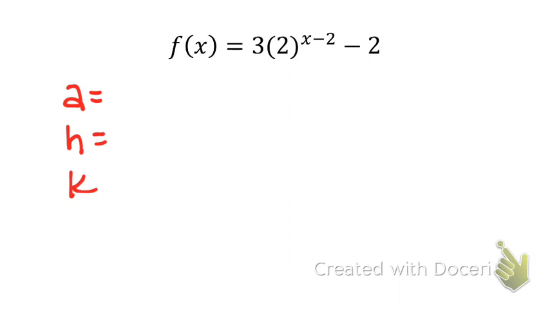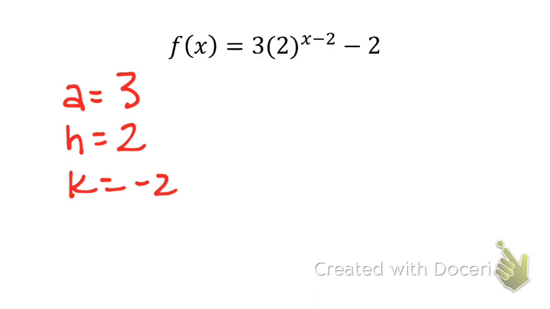So a is going to be 3, h is going to be 2, and k is going to be negative 2. So here's a, here's h, and here is k. Just like we've been doing all year long, we've got a, h, and k.